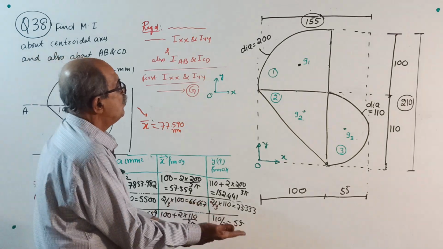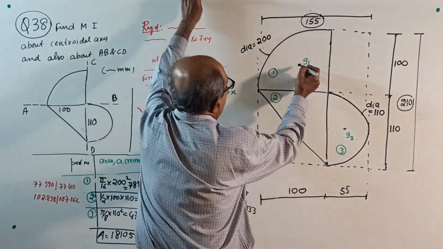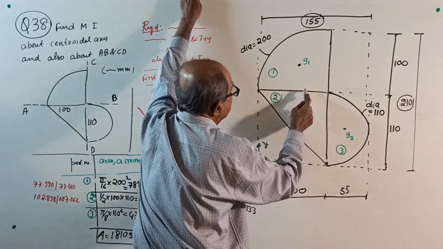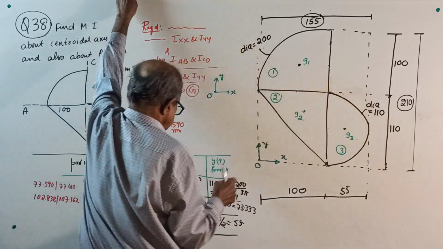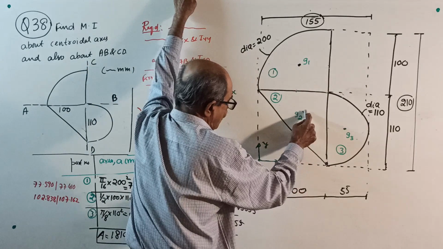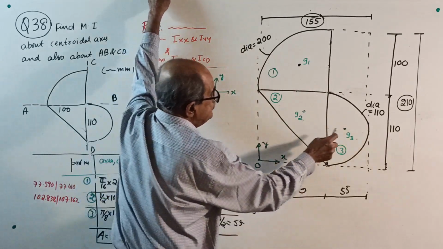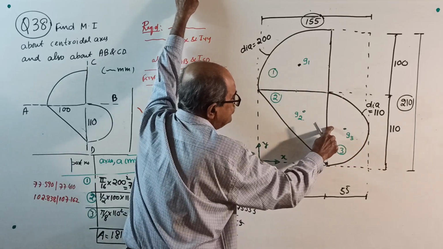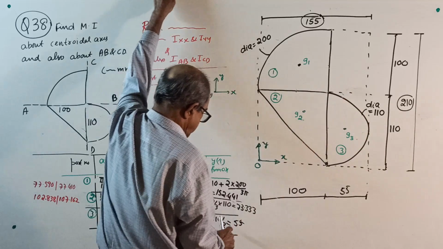Then the y distance. See, start. For 1, from here, 110 plus 2d by 3 pi. For 2, 2 by 3 of 110. For 3, this way 2d by 3 pi, but this way exactly the midpoint, 110 by 2.